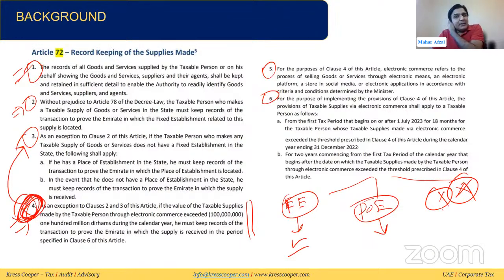This public clarification number 33 deals with clause 4 of Article 72 of the UAE VAT regulations. It deals with the reporting requirements as well, and with electronic commerce. We'll discuss this in detail.